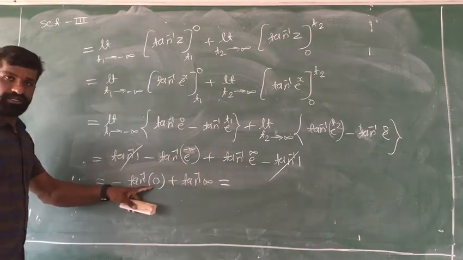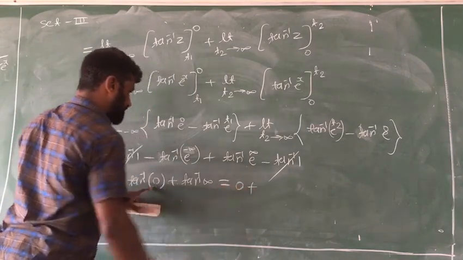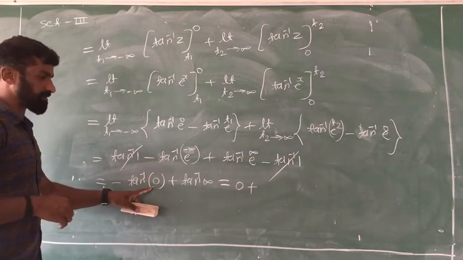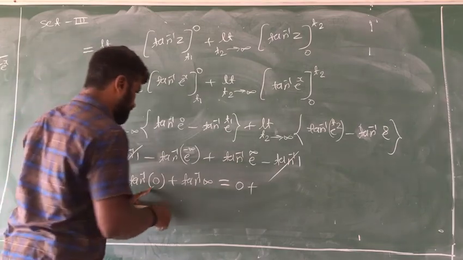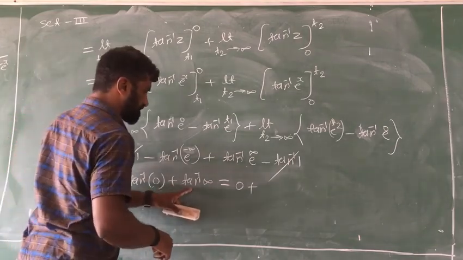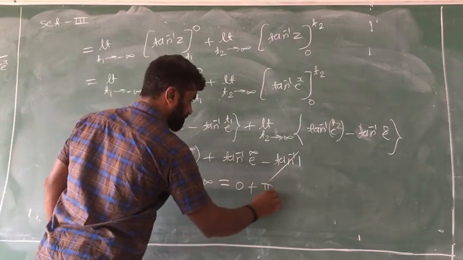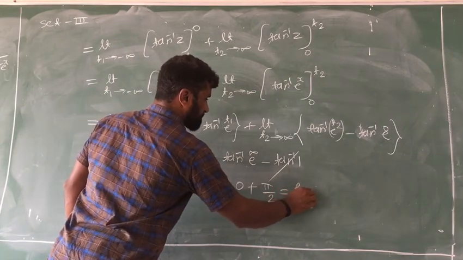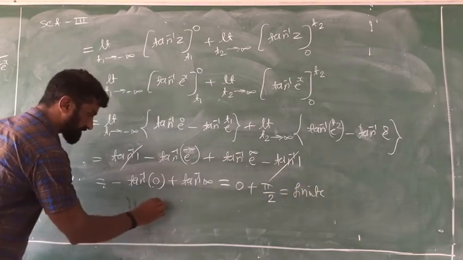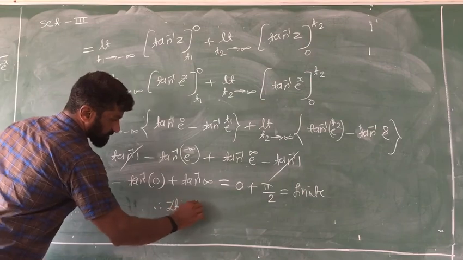Tan inverse of 0 is 0, since sin 0 by cos 0 is 0. Tan inverse of infinity is pi by 2. So it is finite. It is defined, therefore it is convergent.